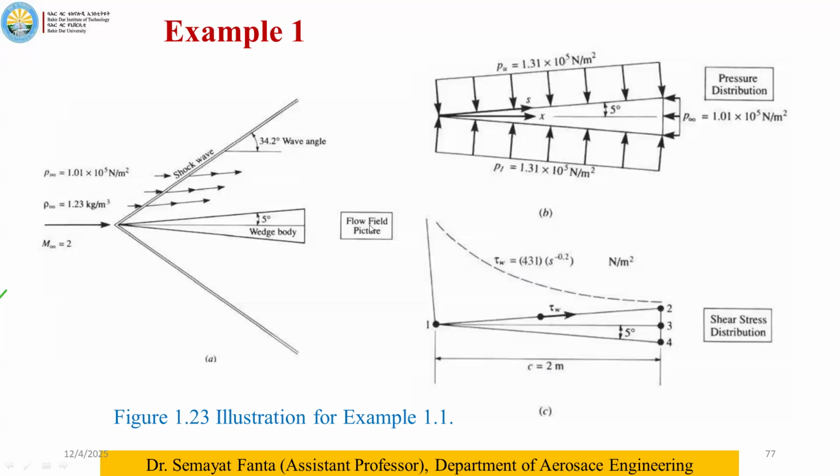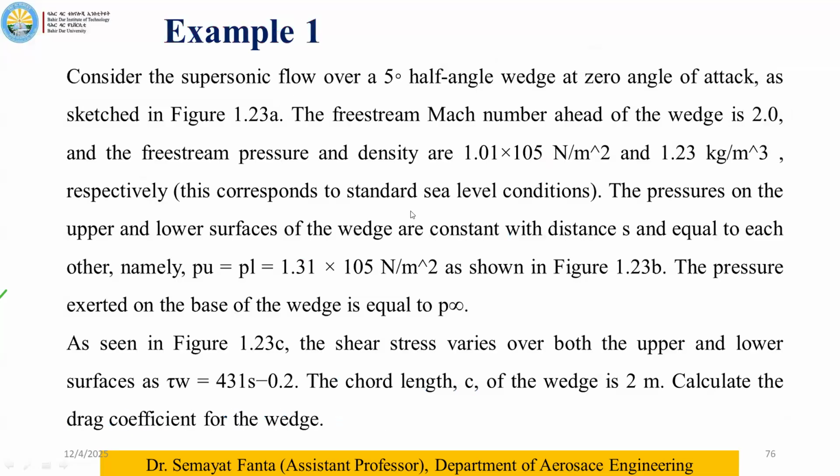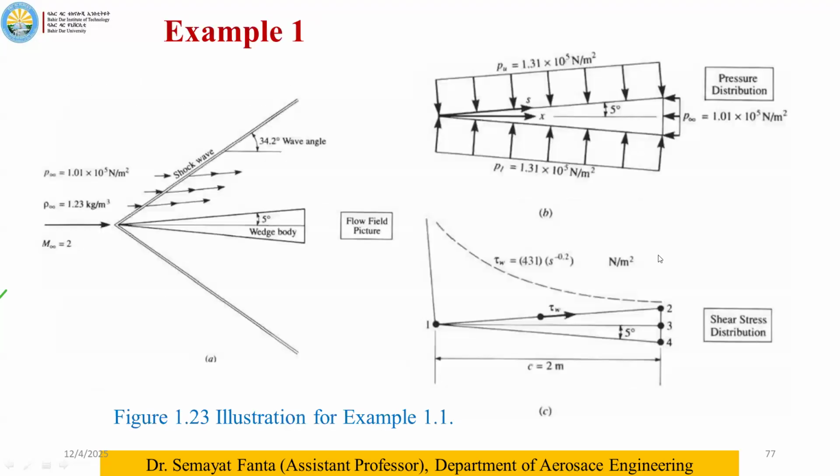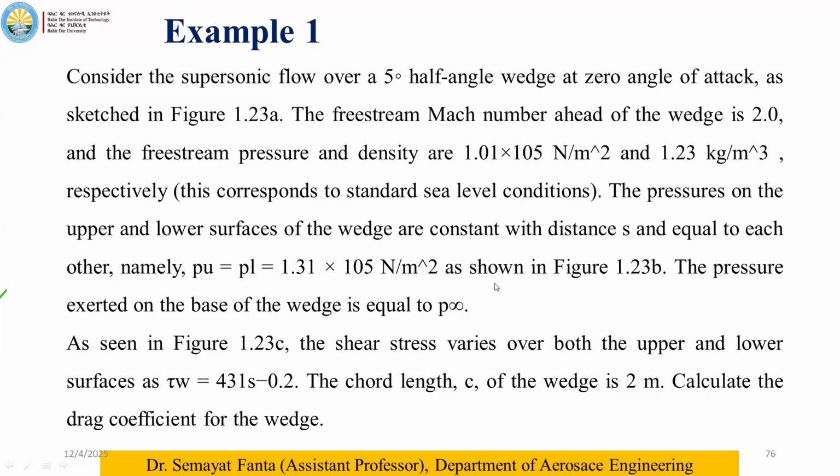So this is the shear stress distribution and the pressure distribution, because almost all aerodynamic forces are the result of the pressure distribution and shear stress distribution. The pressure exerted on the base of the wedge, in this direction, is equal to the ambient pressure. Okay, that is the meaning.